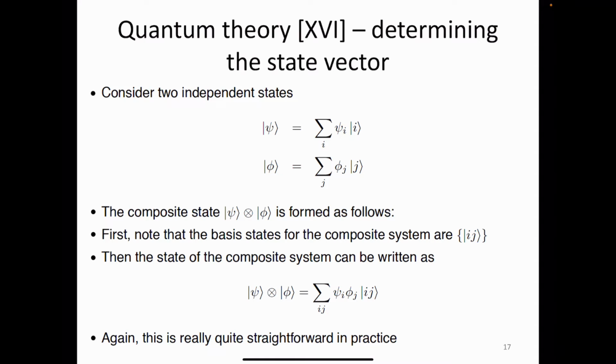As we just described, the basis states are ij, in our case 00, 01, 10, 11, and the state of the composite system can then be written as the sum of these amplitudes and the basis states. It's really quite straightforward, just what we did before.